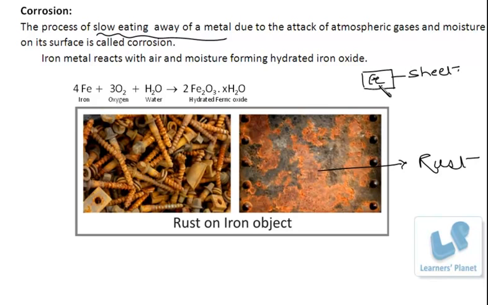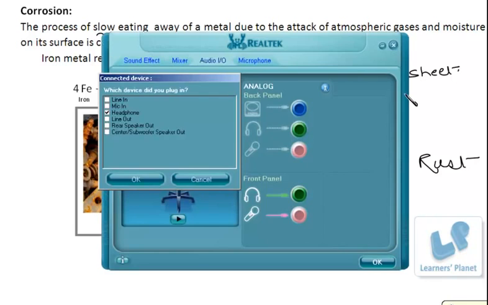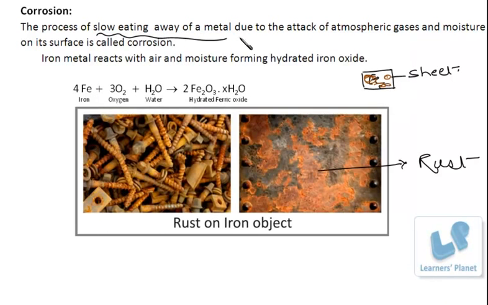These iron particles will react with oxygen and water and they'll form hydrated ferric oxide. In which form is it? It is in the form of reddish powder, which can be scratched off, and the fresh metal is exposed. Right? So this is how rusting, or the corrosion of iron, takes place.